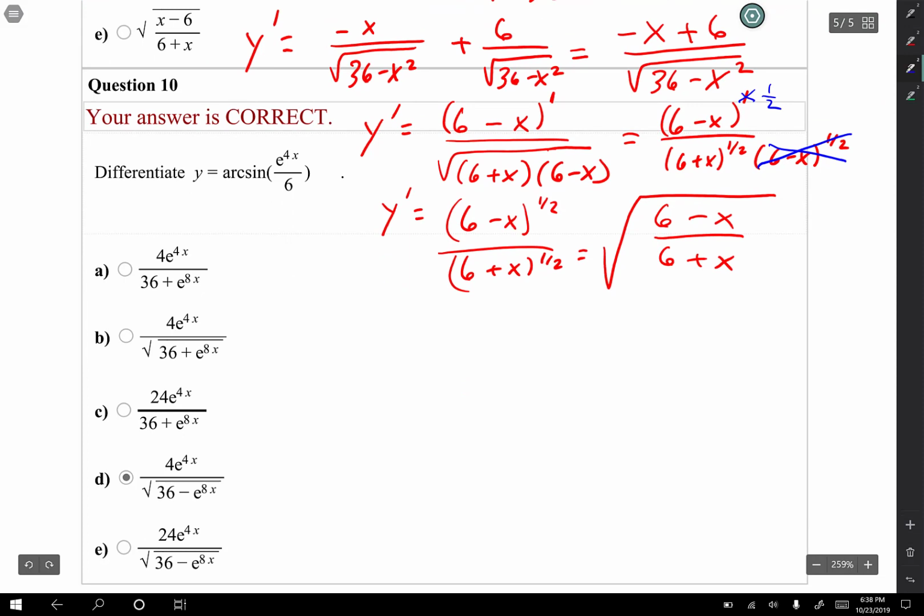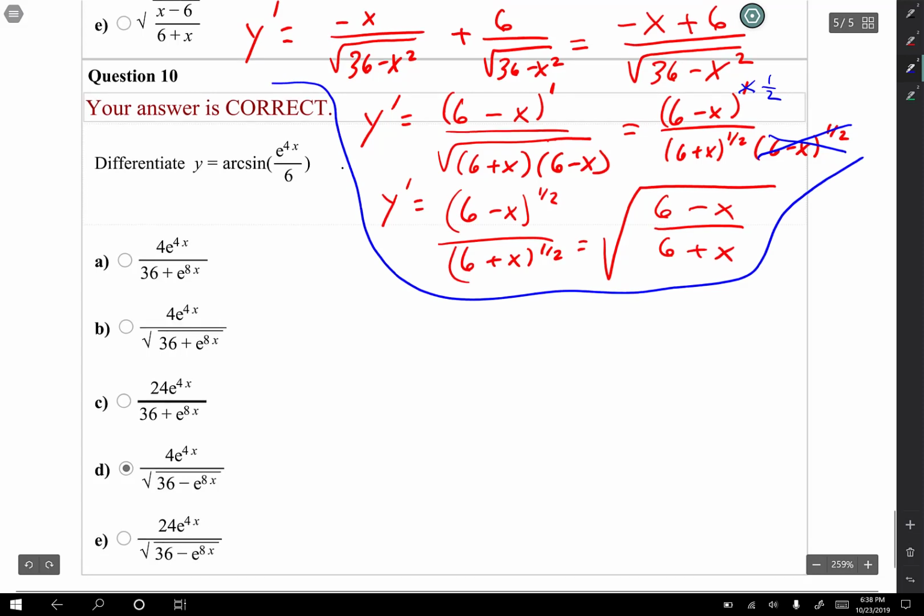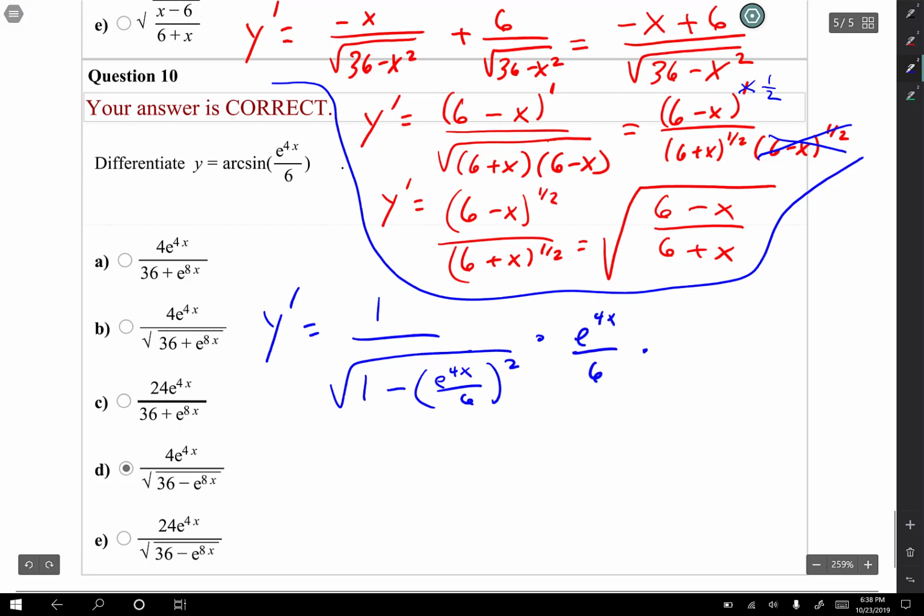I'm going to write it in blue so we don't confuse you guys. All right, so here we go. I want the derivative of that. This one's easier. So y prime is equal to arcsin. So let's see, 1 over square root of 1 minus whatever I have on the inside. So e to the 4x over 6, close it, squared, times the derivative of that. So let's see, the derivative of that is going to be e to the 4x over 6 times 4.